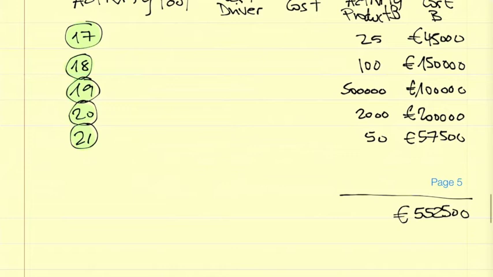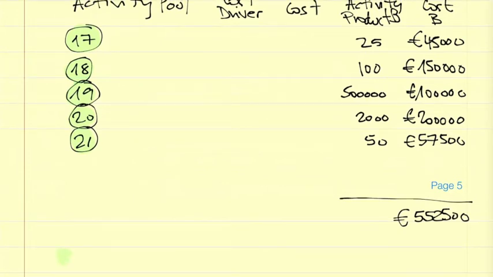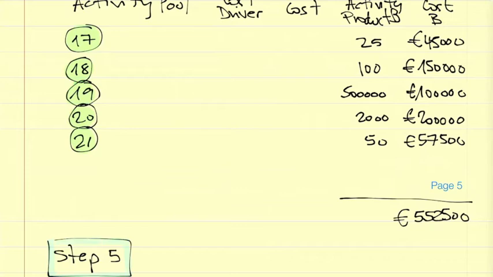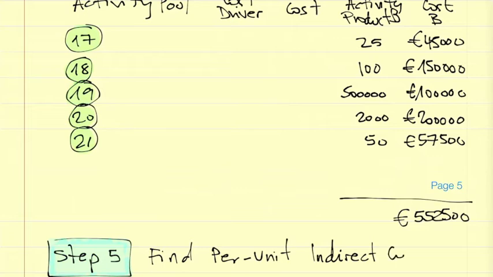So the step number 5: we find per unit indirect cost for each product.